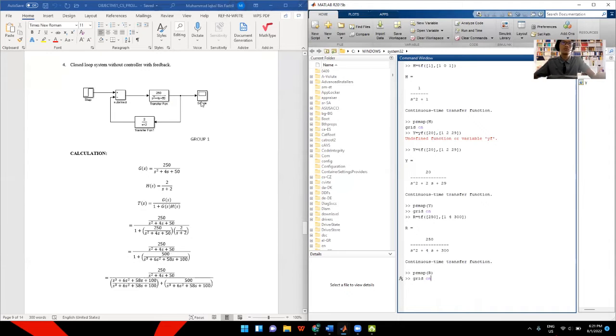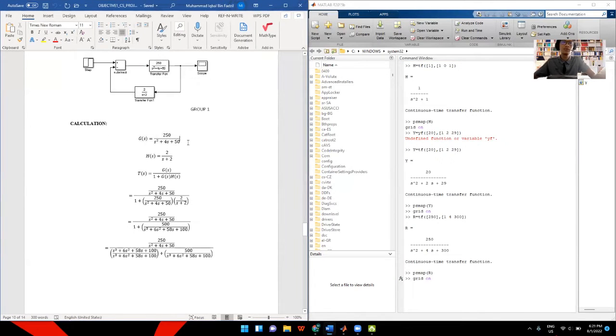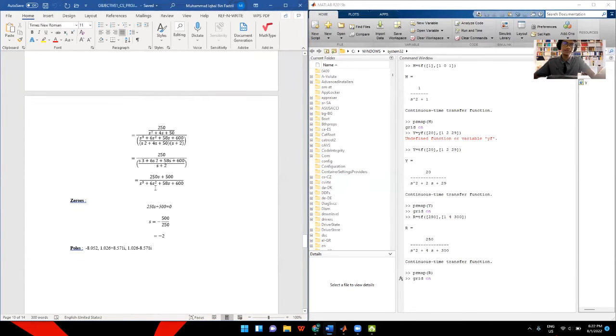The last circuit is a closed loop system without controller with feedback, and this is the circuit. The calculation is G(S) equal to 250 over S squared plus 4S plus 50, and H(S) is 2 over S plus 2. So we just use this formula and we get the answer: 250S plus 500 over S cubed plus 6S squared plus 58S plus 600. So this is the answer.